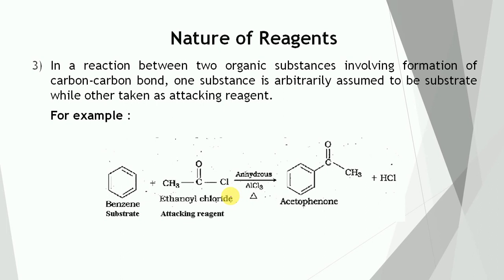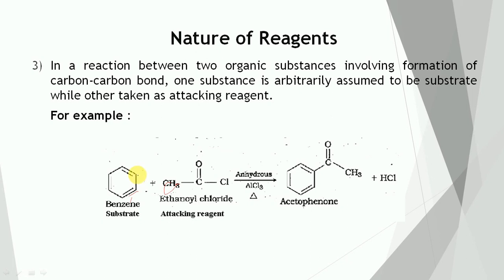In case number 3, in a reaction between two organic substances involving formation of a carbon-carbon bond, one substance is arbitrarily assumed to be the substrate while the other is taken as the attacking agent. If bond formation takes place between carbon and carbon, then we can arbitrarily assume one as the substrate and the other as the attacking reagent.